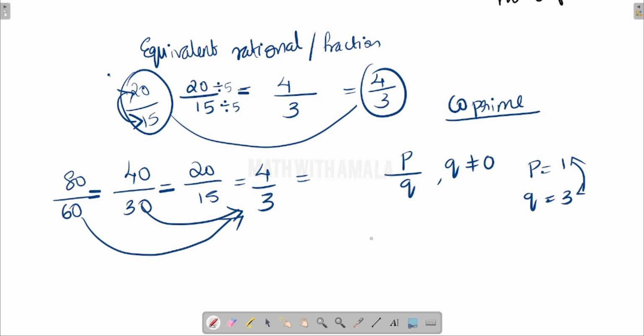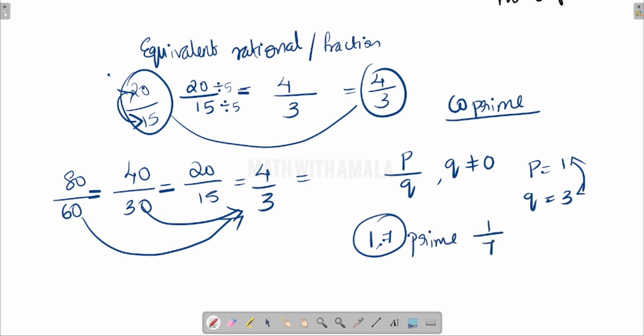What do you mean by coprime? If we take any numbers, I am taking 17 and let us take 1 and 7. 1 and 7 have only one common factor, 1, and they do not have any other common factors. So the numbers which have only one common factor, which is 1 and nothing else, are called coprime numbers.